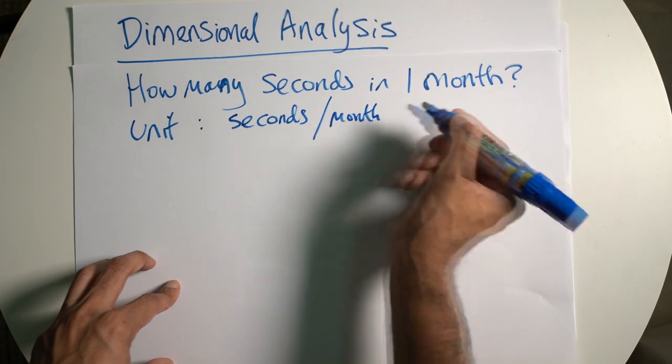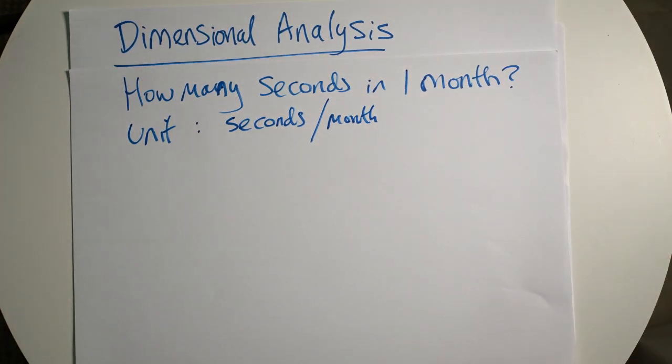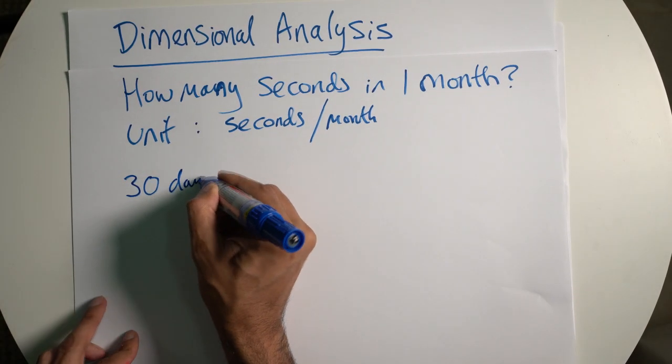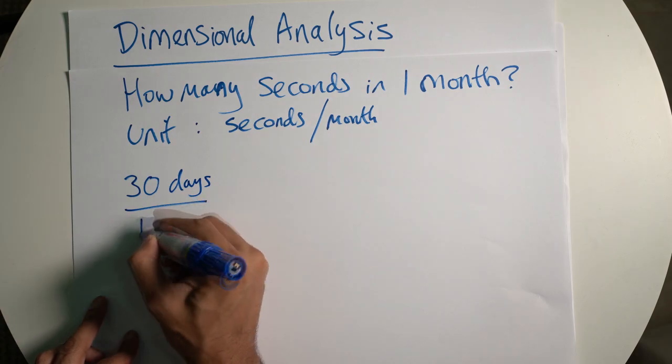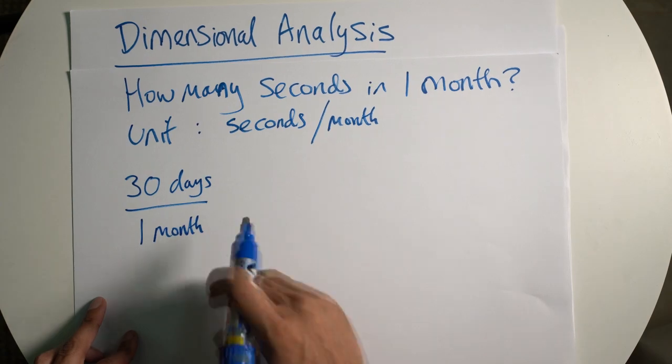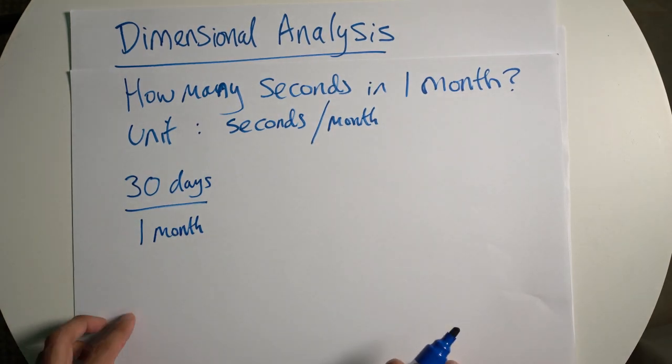So you want ultimately seconds at the top, month at the bottom. So first of all, let's just say a month is about 30 days, okay? So our first conversion factor is going to be 30 days per 1 month. Remember, seconds per month, I want month at the bottom, okay?